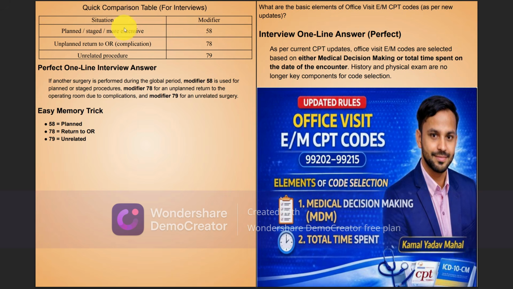For the interview purpose: situation planned, staged, or more extensive, use 58; unplanned return to the OR for complication, use 78; unrelated procedure, use 79.